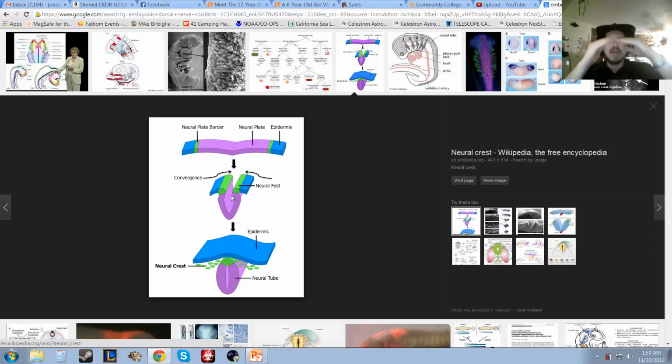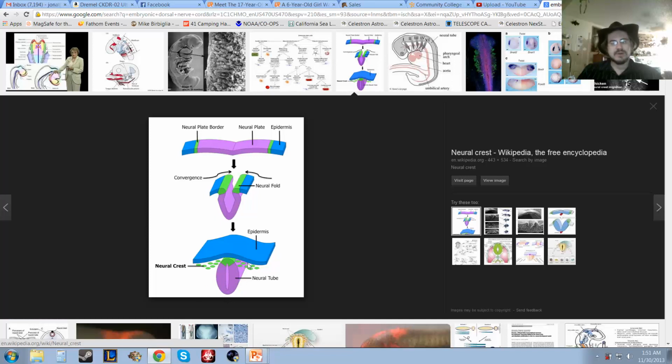And then what happens is the neural plate will fold inward, and then the top will come together, and so this is that neural fold, and then it comes together, and we have the neural tube. And so this green neural crest and the purple neural tube is what's going to develop into the spinal cord and the brain.